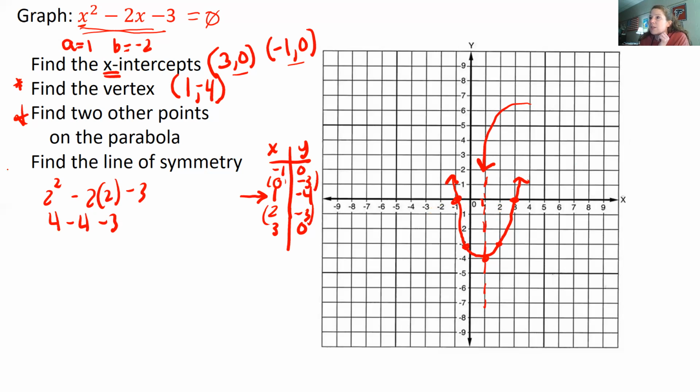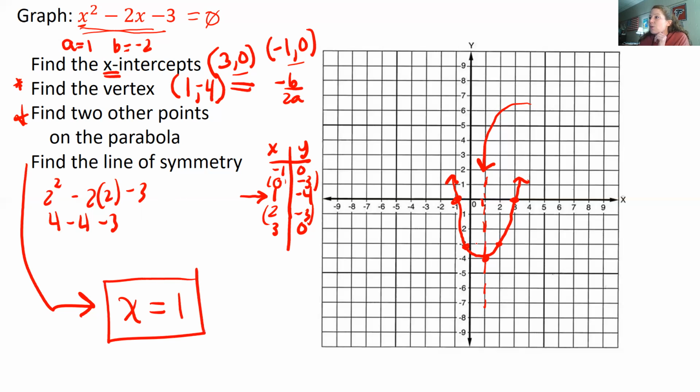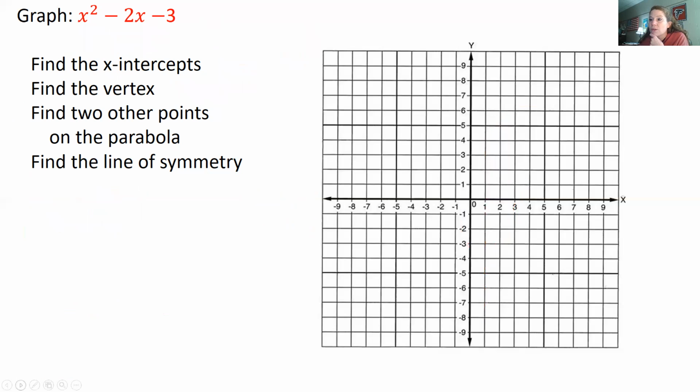Well, the line of symmetry is x equals the x value of our vertex, which is what we got when we used negative b over 2a. When we used negative b over 2a, we got x equals 1, and that's the equation of this line of symmetry, this vertical line.